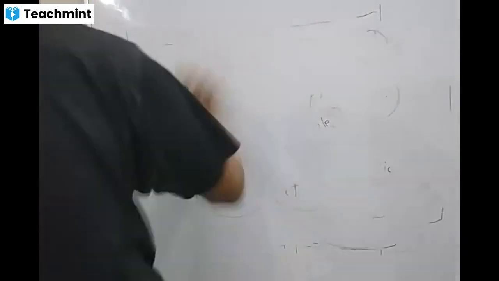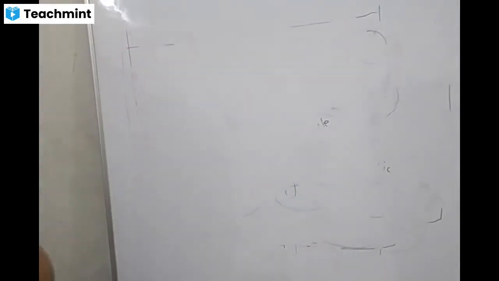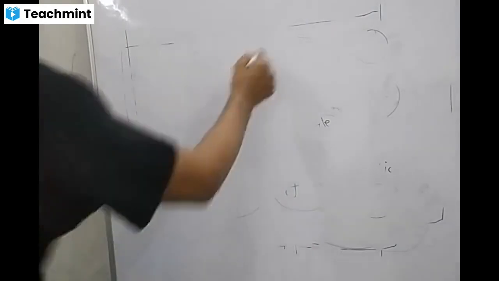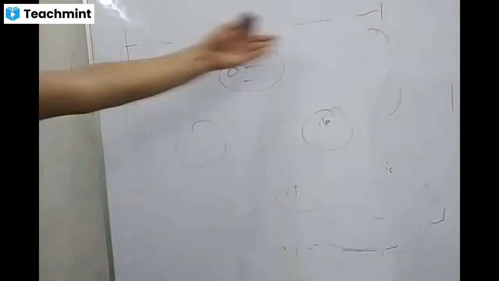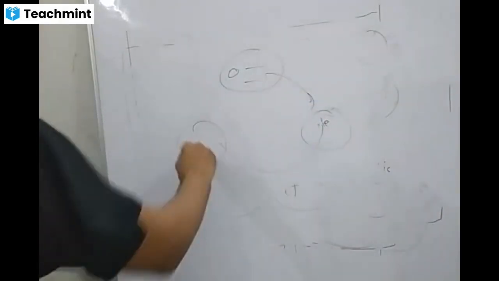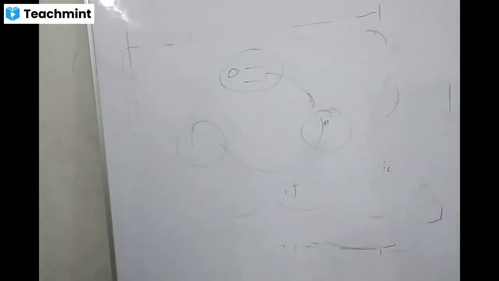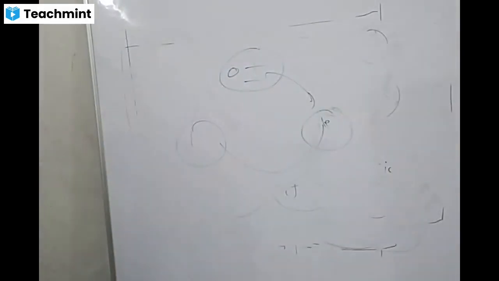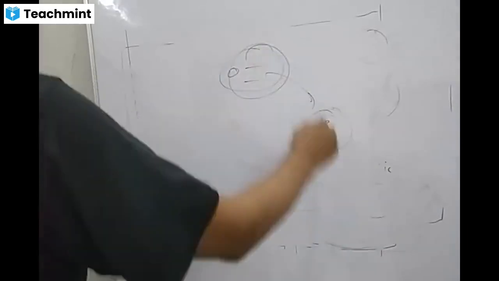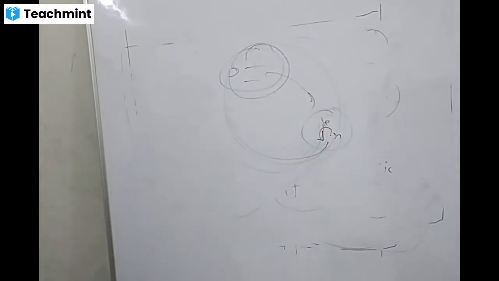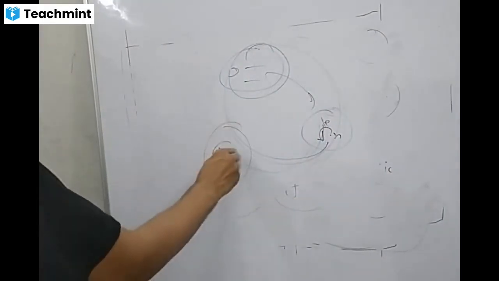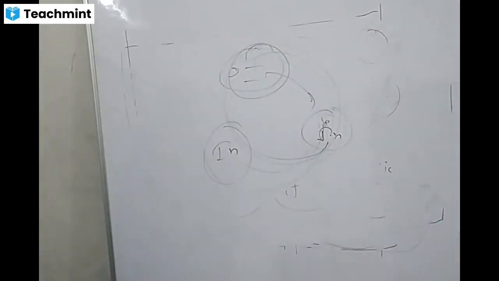In all the trematodes, what is common is this is your definitive host and first intermediate and second intermediate. The story of the cycles runs in this manner. And in the case of cestodes, we remove the second also. The whole story runs between the definitive host and your intermediate. So this is your cestode, only one intermediate host. If you add one more intermediate host, it will become a trematode.